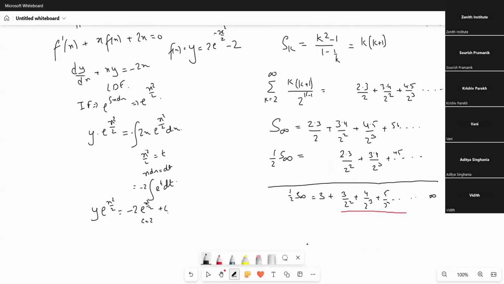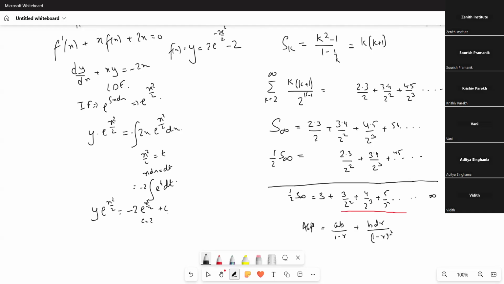What is the sum of an infinite AGP? a b by 1 minus r plus b d r divided by 1 minus r whole square.